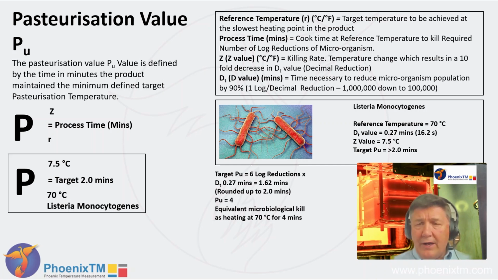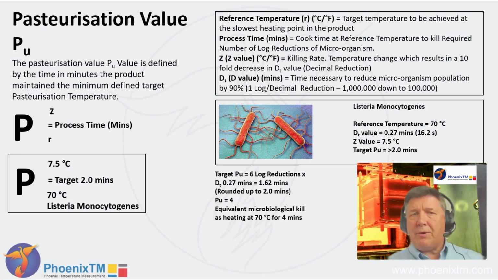So not the oven temperature, but the actual temperature inside the product that we are cooking. The process time is the actual amount of time that cook temperature is achieved to maintain or reduce the population of microorganisms in the sample that we're cooking.